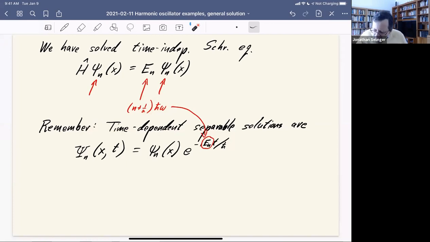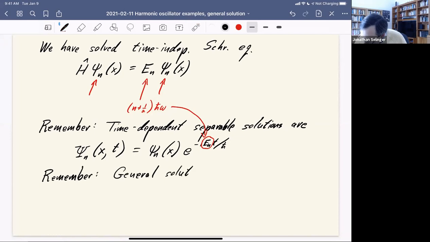And then the other thing that you need to remember is that the general solution is a linear combination, that means a sum, of the special solutions times coefficients.